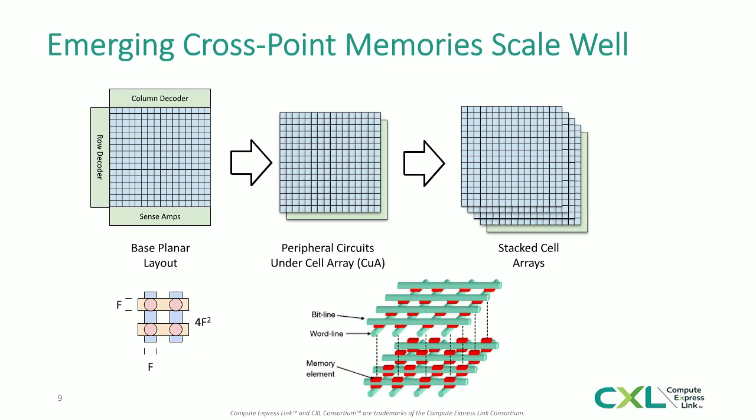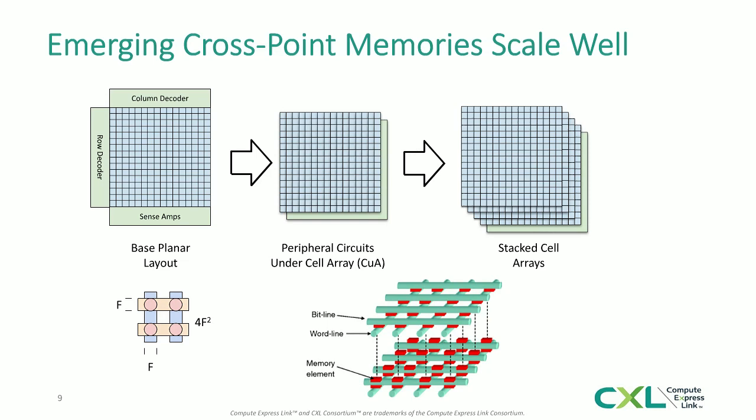So one thing I wanted to visit before we get into the integration into the system is why are emerging memories better positioned to scale beyond today? And to show that, on the left, there is a memory array, and around it you have peripheral circuits like column and row decoders and sense amplifiers.